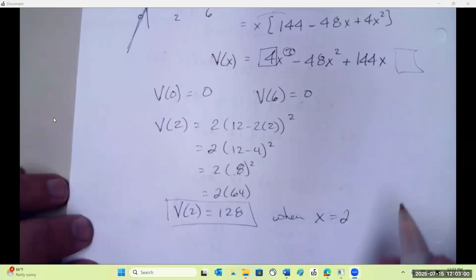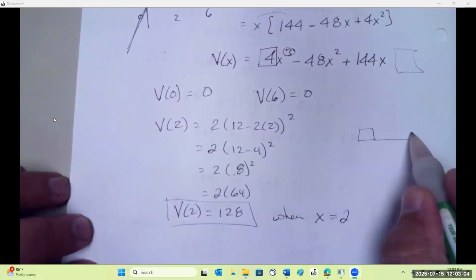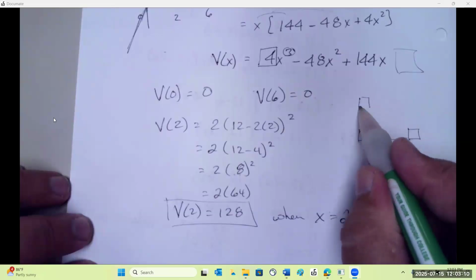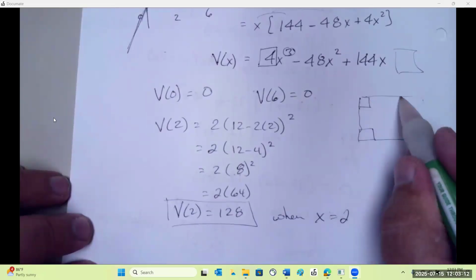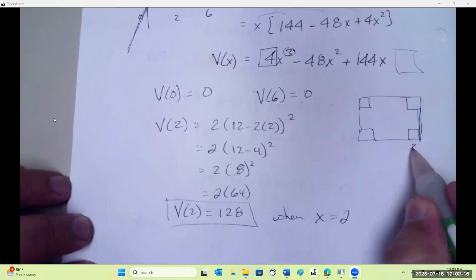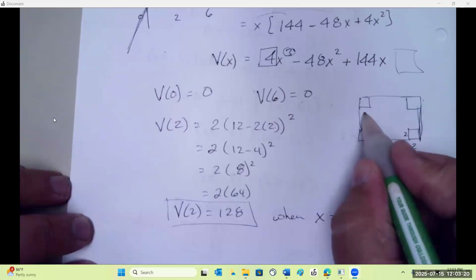So in our box, these are all going to be 2-inch snips.